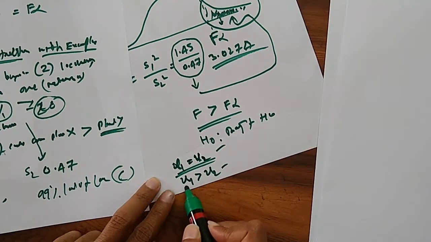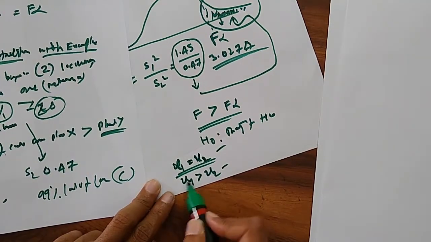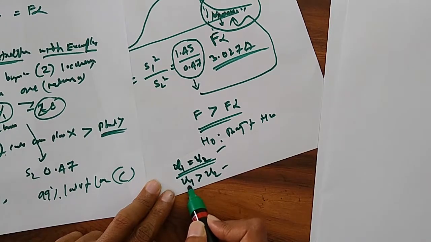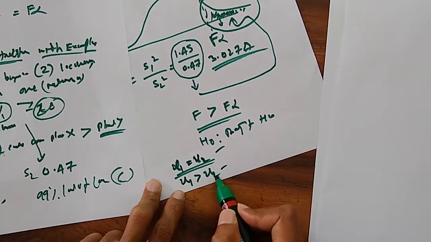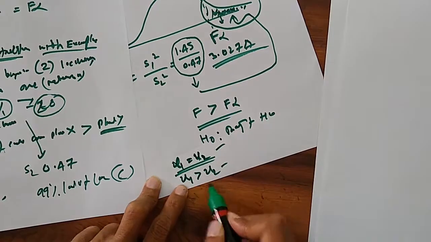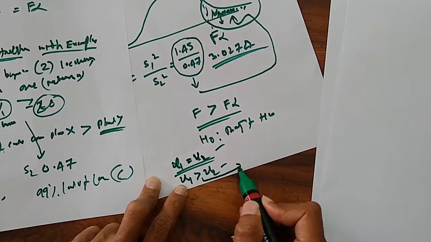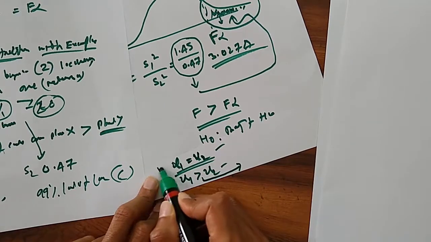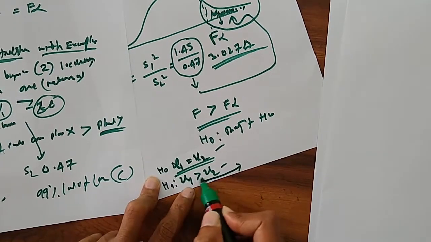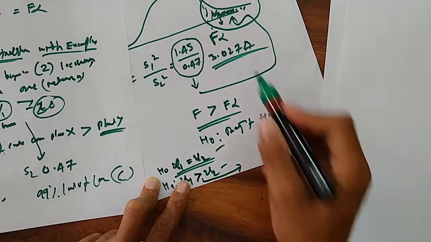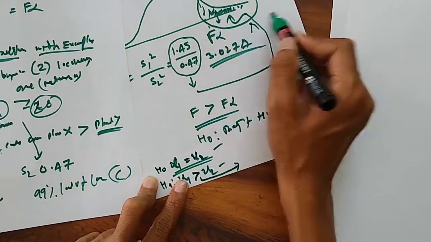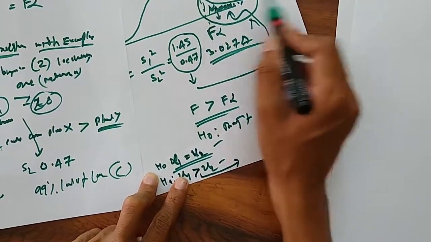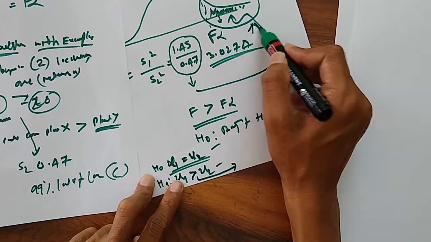Our claim is that in plant X we are creating bigger cell phones compared to plant Y. In previous sessions I told you, if our alternate hypothesis says greater than symbol, then we go for a right tail test.